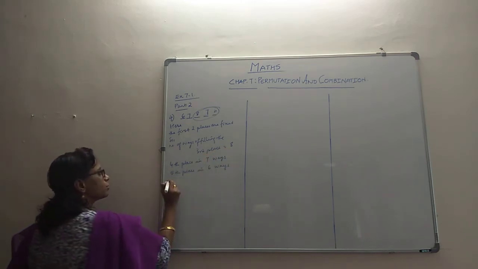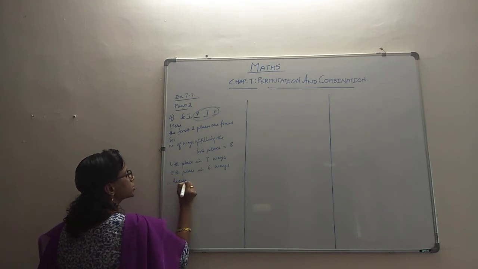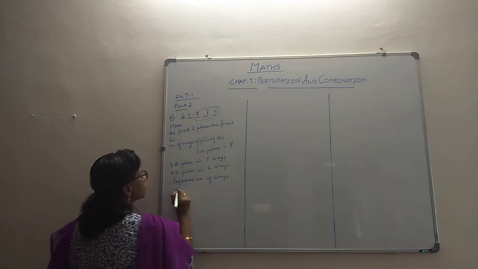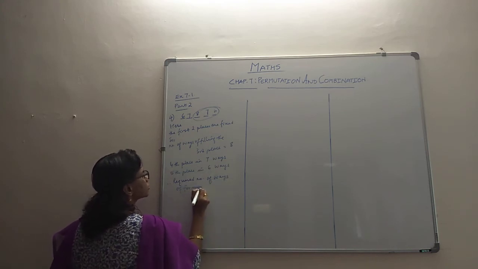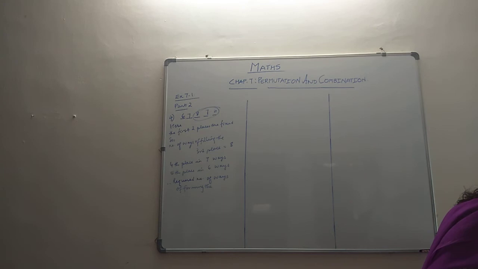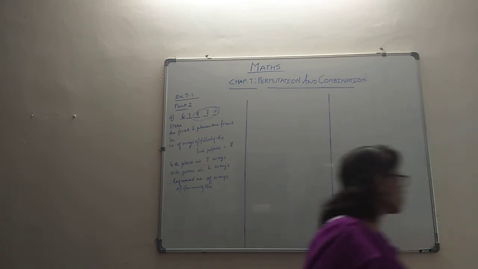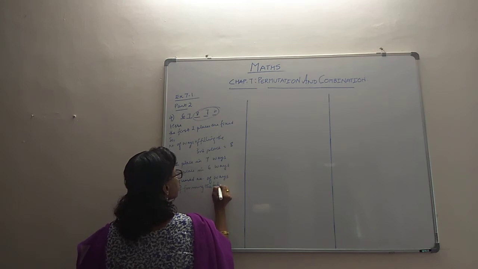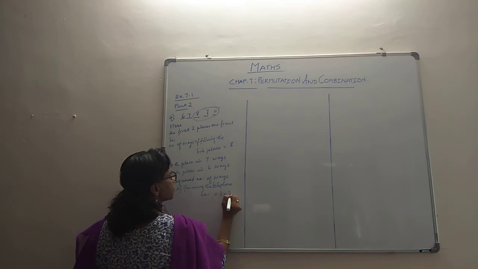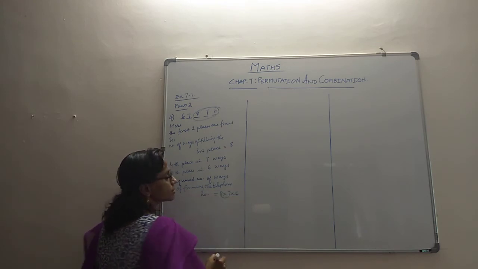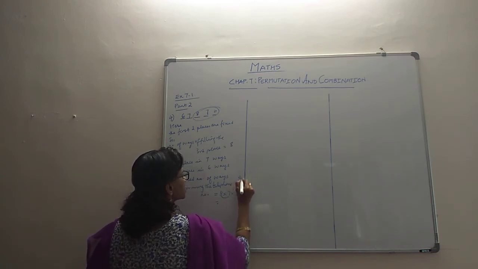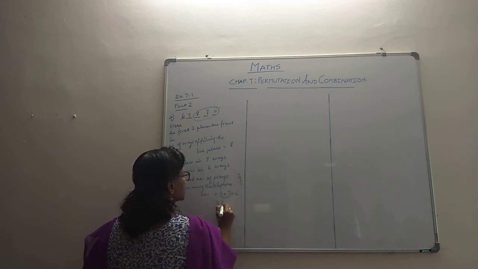So the total number of ways, or required number of ways, of forming the telephone number is 8 into 7 into 6. 7 8s are 56, 56 into 6, 6 6s are 36, 33, 336.